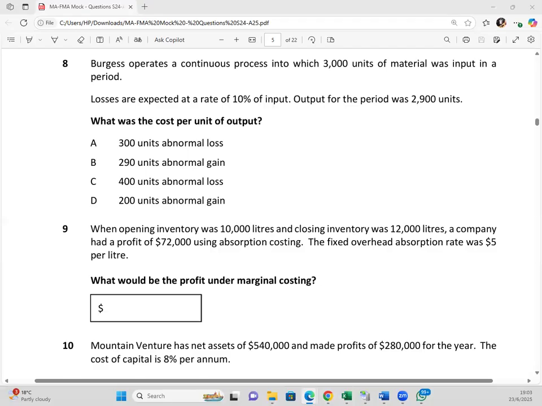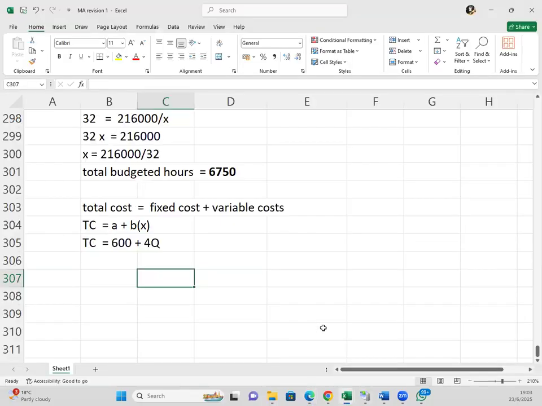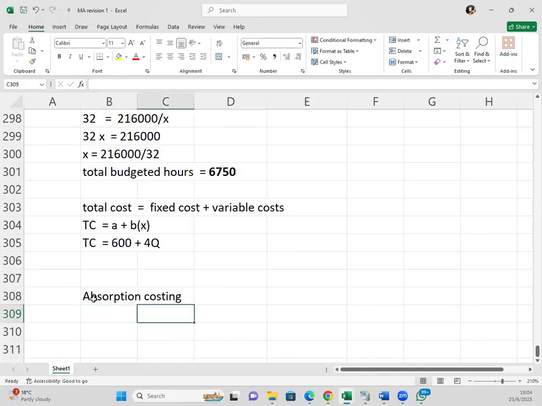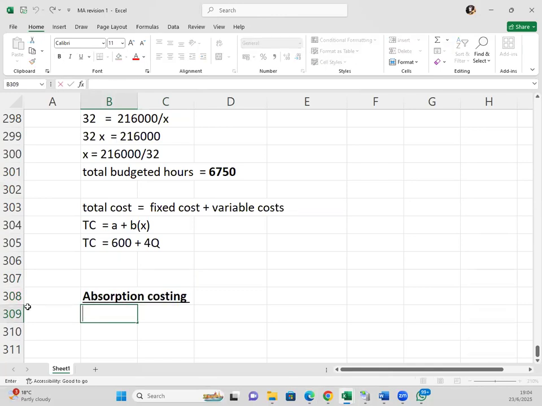So it was 72,000. So absorption costing profit.